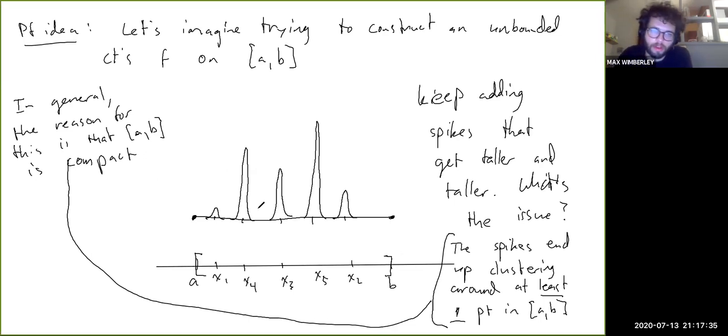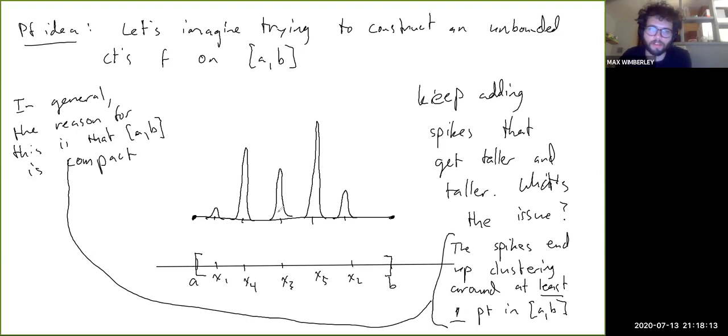Because if you think about it, you can use the spikes you create to make an open cover of this interval, and then you should be able to choose a finite subcover, but then that tells you that an infinite number of the spikes are contained in some particular neighborhood. That's a rough way of talking about it, but basically the compactness ends up being the real reason that this phenomenon happens.